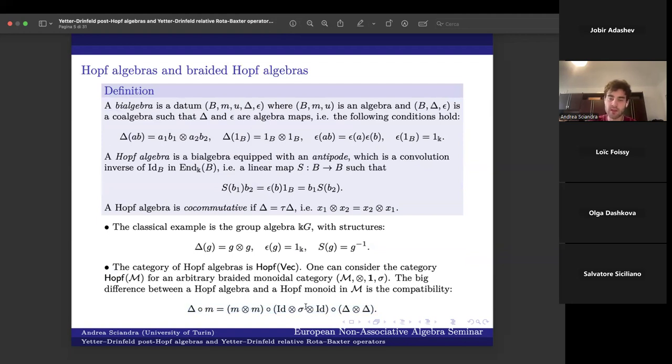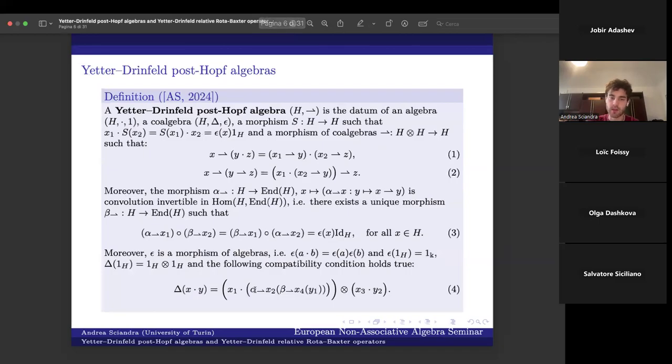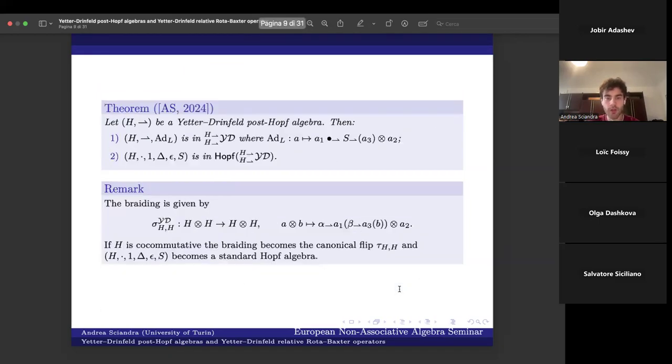And in our case, we are using the braiding of Drinfeld modules, and we have exactly this relation here. So the braiding in our case is this. To an A tensor B, it associates alpha of A1, which is an endomorphism, applied on beta of A3 over B, tensor A2.